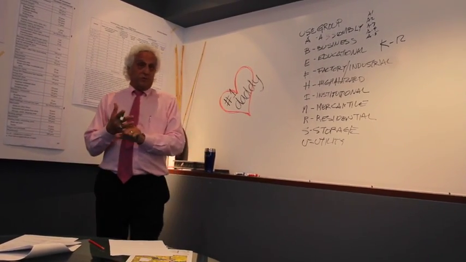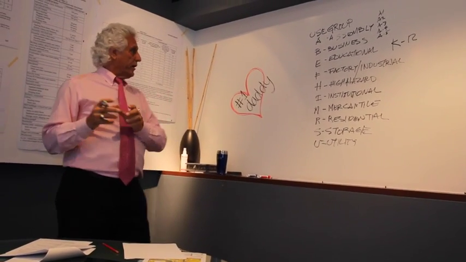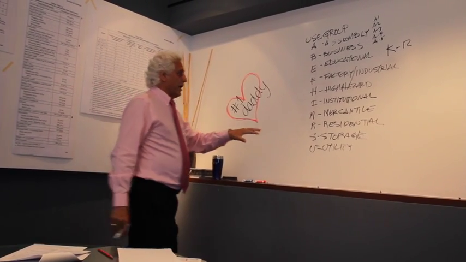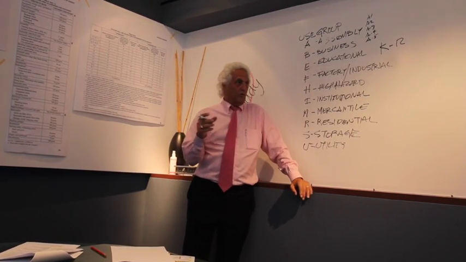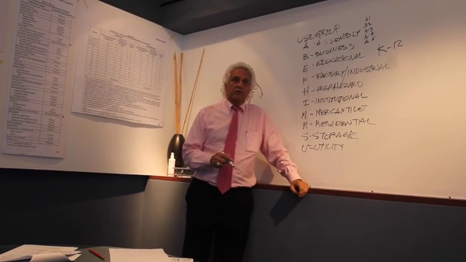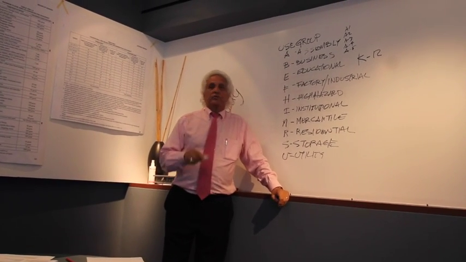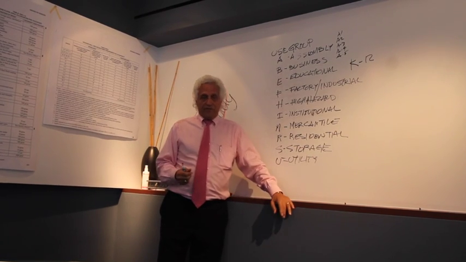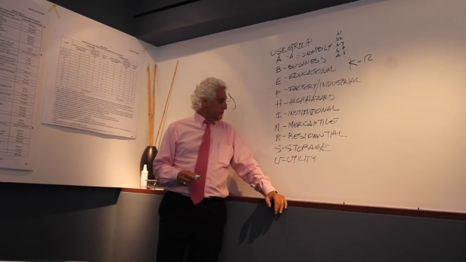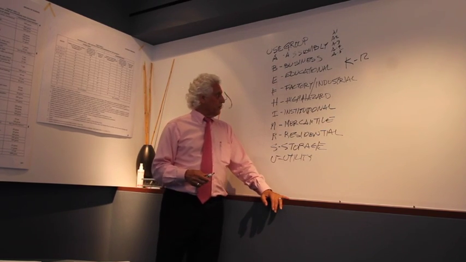Institutional, hospitals, prisons, things of that nature. Those are a different use. Mercantile, that usually covers things like shopping centers, whether it be malls or strip shopping centers, or even some other types. Residential is the non-1 and 2 family, so it would cover the multi-family type of businesses. And those have multiples, R1, R2, R3, and R4.